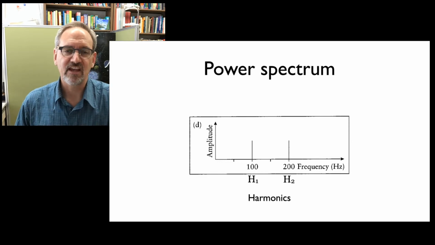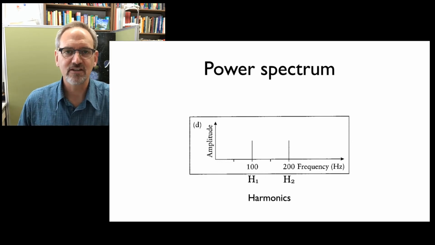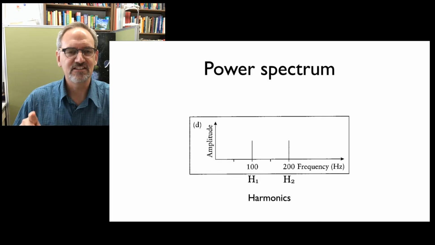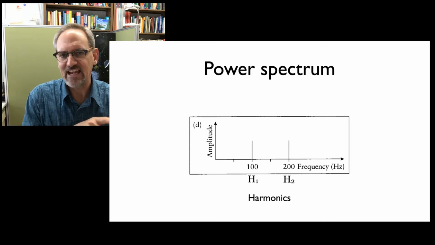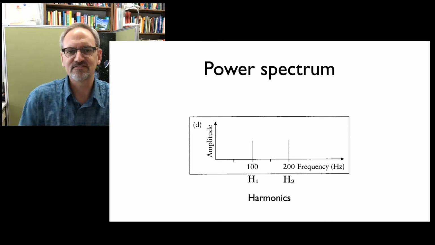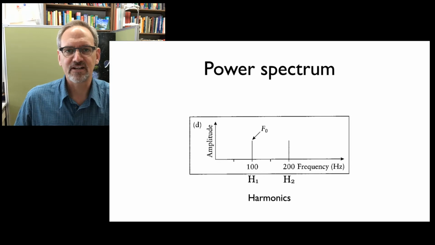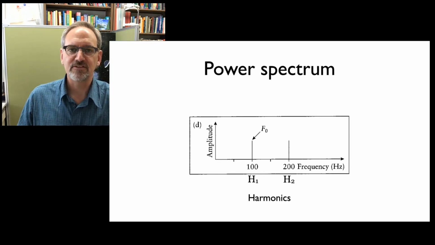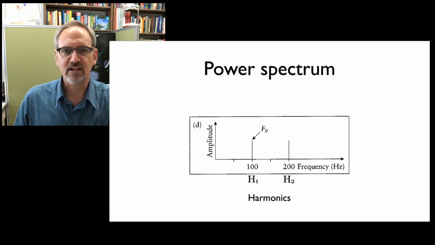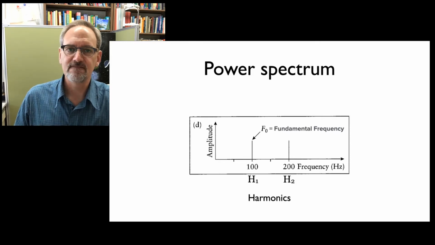So if I have a 60 hertz H1, then H2 will be 120, H3 will be 180, H4 240, etc. This lowest harmonic is what we call the fundamental frequency, and we mark it as F0.